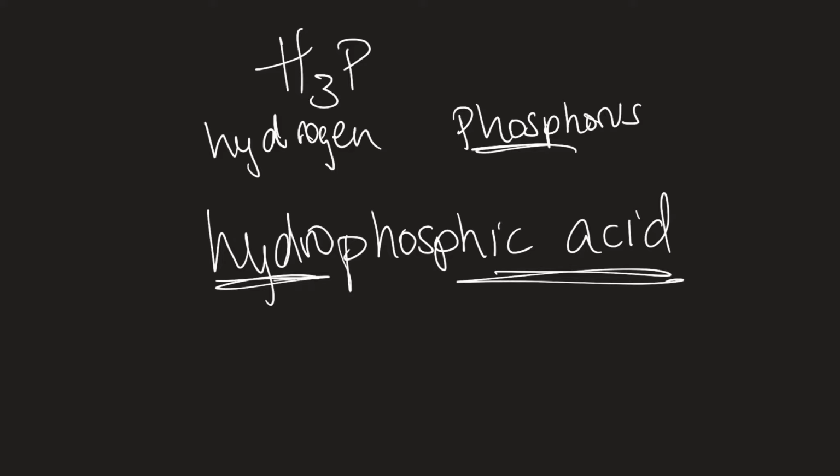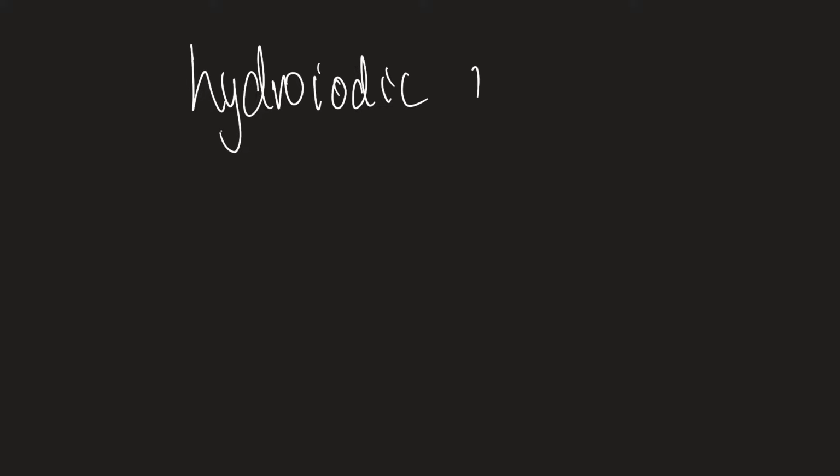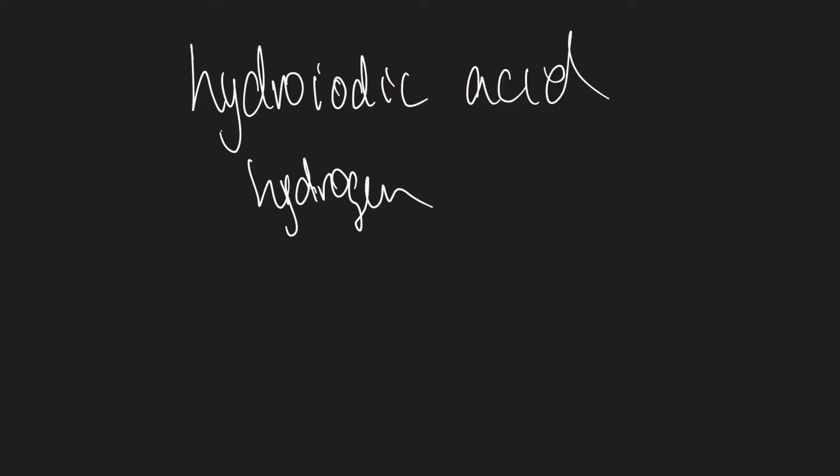Now, when we're going backwards, so for example, we have hydroiodic acid. Remember, all acids consist of hydrogen. We know that we have hydrogen, and then also, if you look at iodic, the root is iod, and the only element that has that root is iodine.